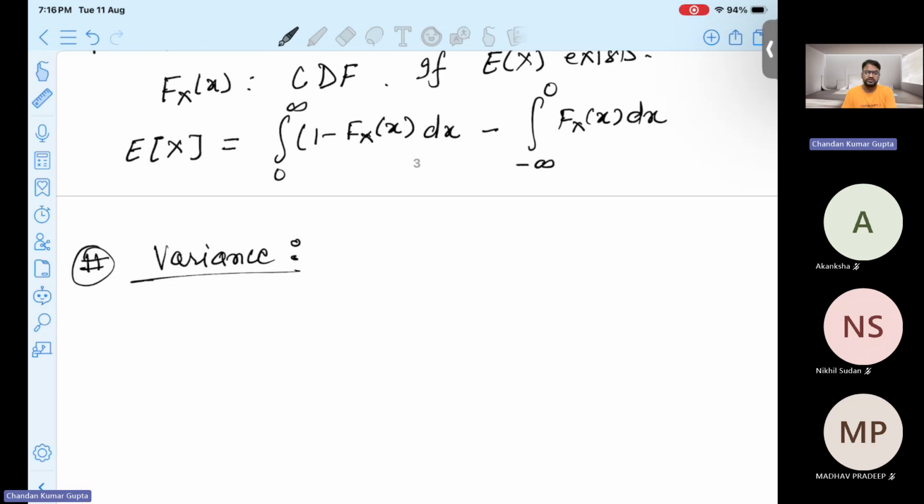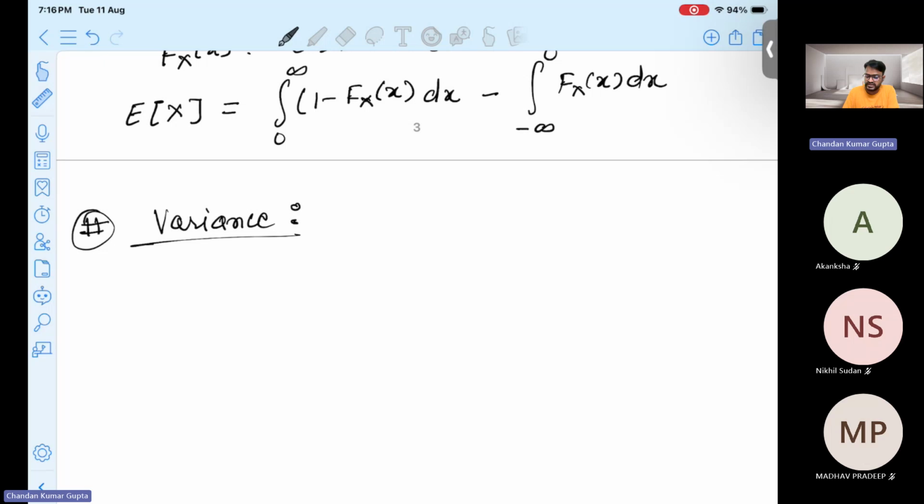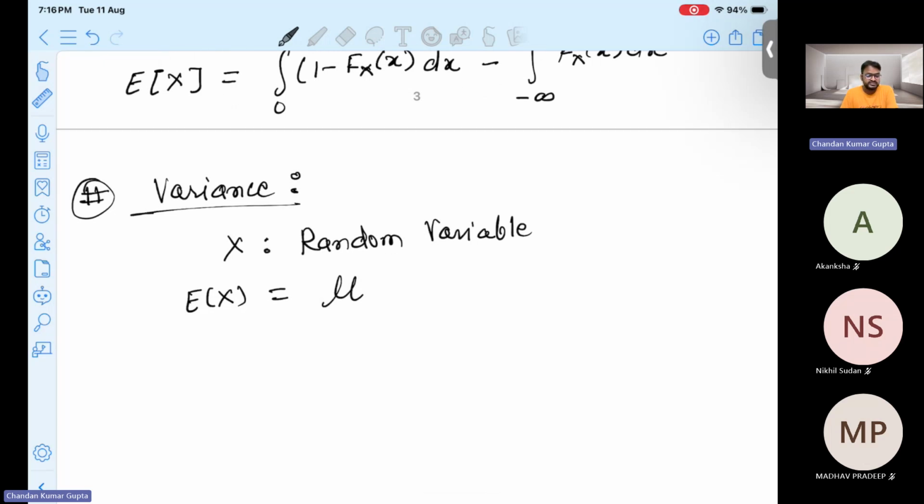Suppose we are given X, a random variable, and its expected value exists; let's call it mu. Then the second order moment about the mean.